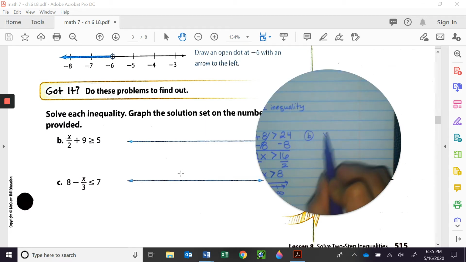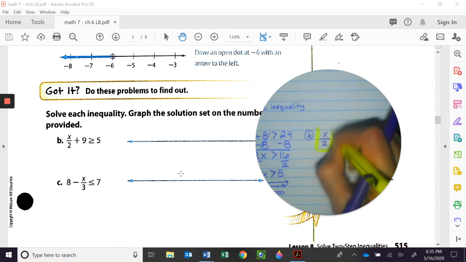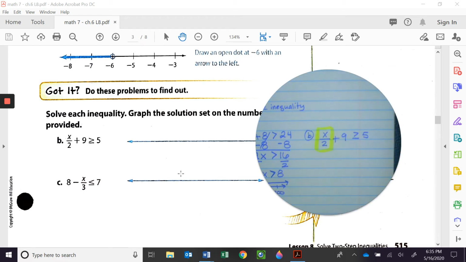So we have x over 2 plus 9 is greater than or equal to 5. Okay, so hold on to your variable till we get rid of that positive 9. So let's subtract 9. So we get x over 2 is greater than or equal to, 5 is positive, 9 is negative.